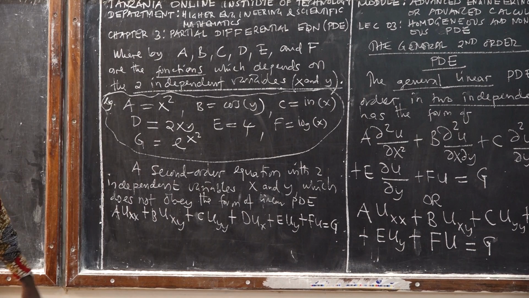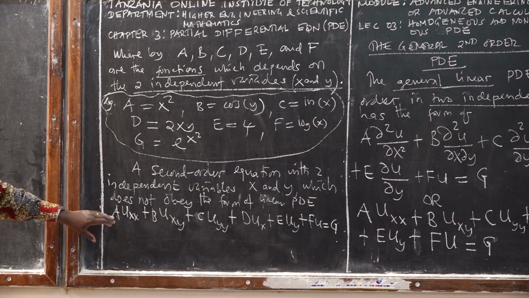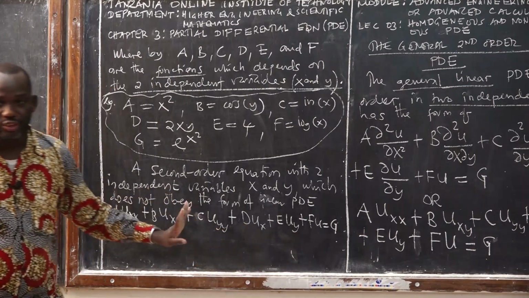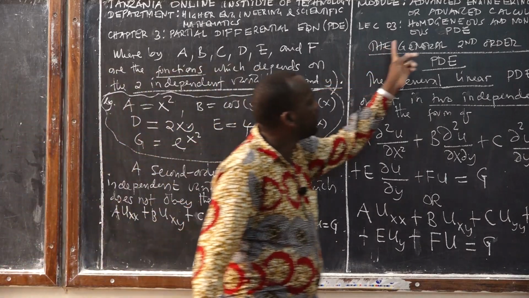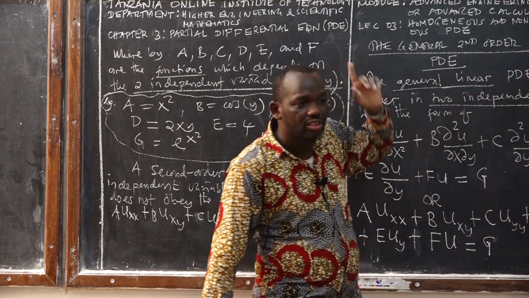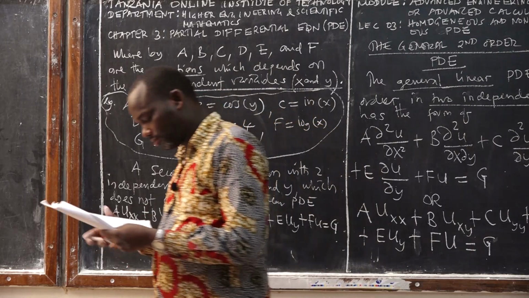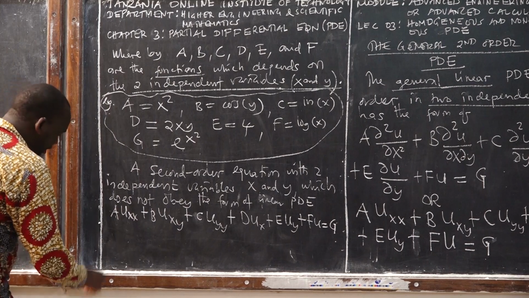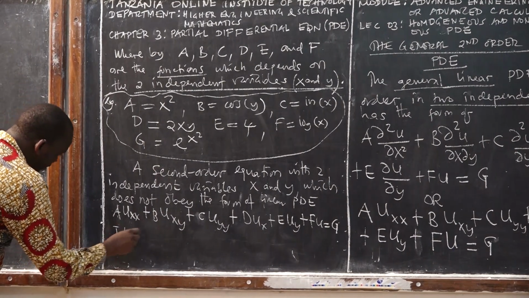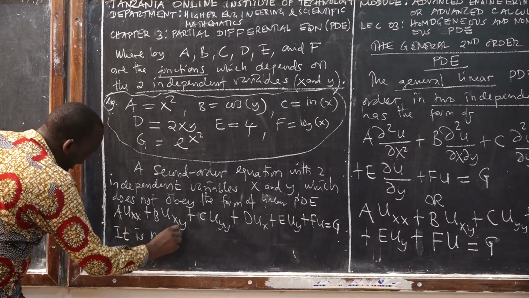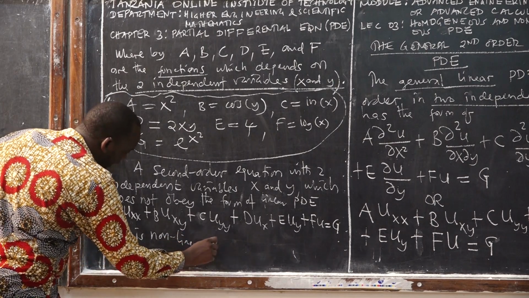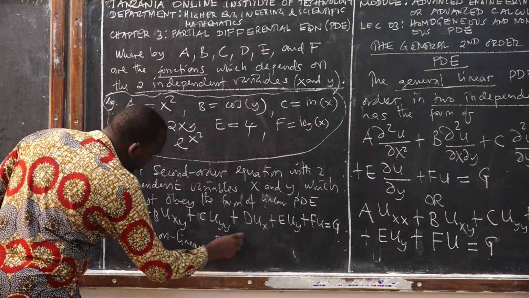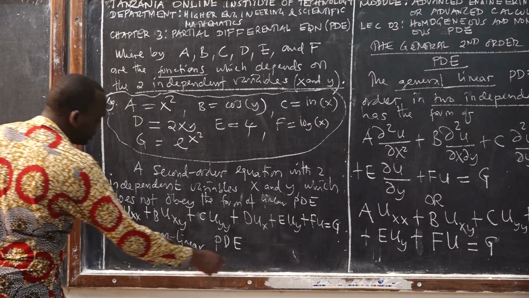Sawa? Kwa hiyo partial differential equation yote ambayo haifuati mfumo huu, hiyo non-linear. Kwa sababu kumbuka hii is the general second order linear partial differential equation. So I say that it is non-linear partial differential equation.